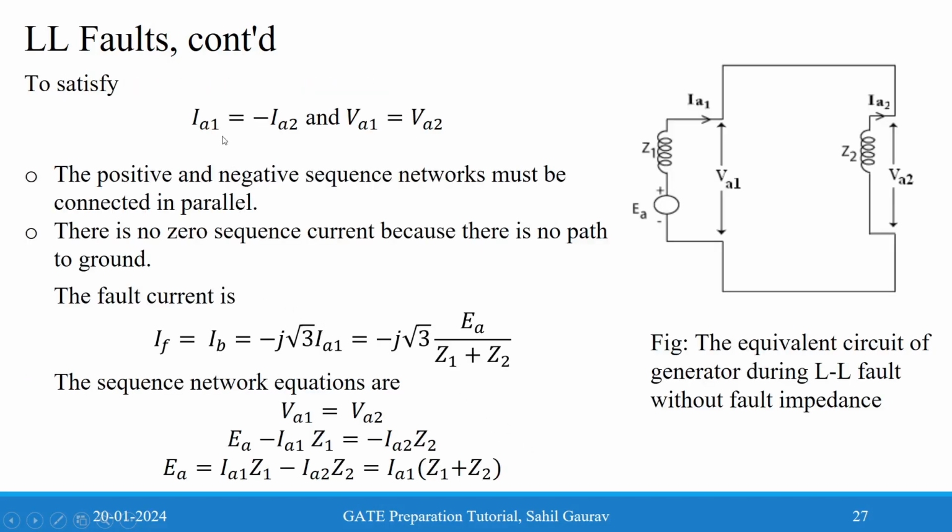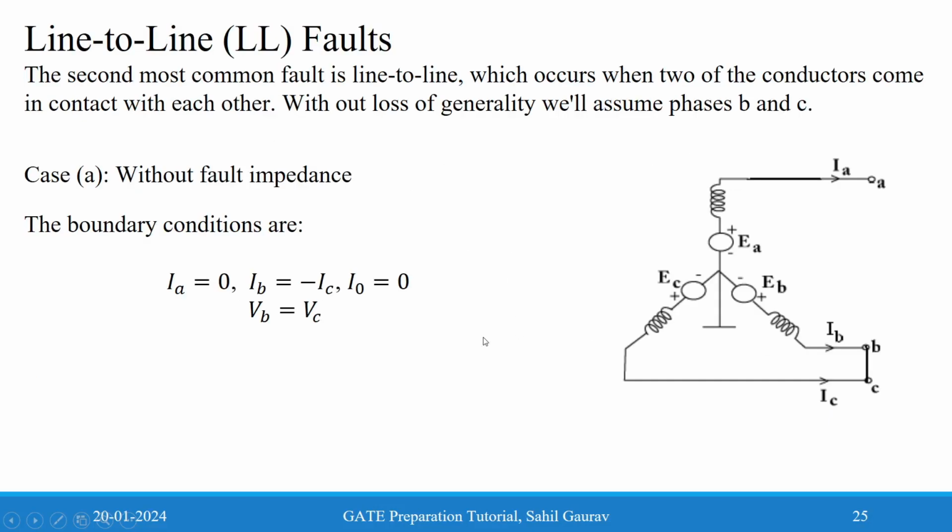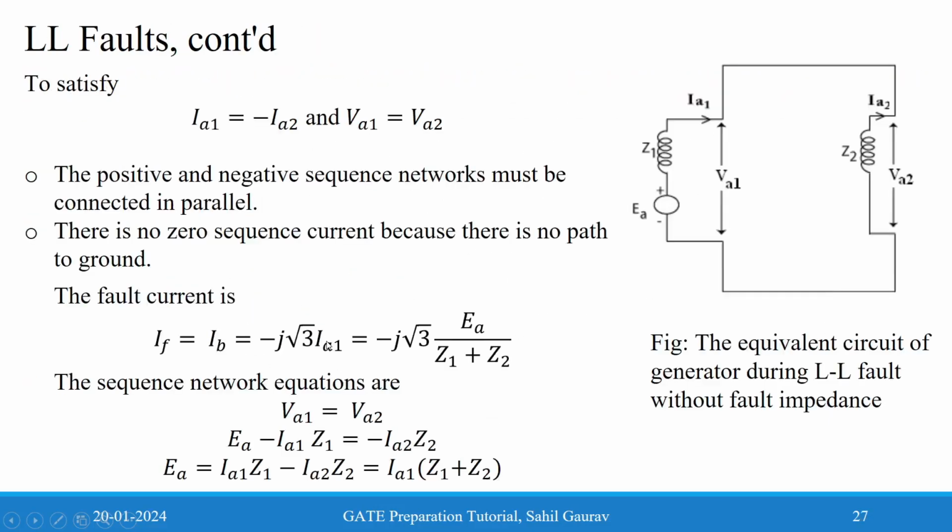So to satisfy IA1 is equal to minus IA2, and this VA1 is equal to VA2, and how is this coming? VB is equal to VC. You solve this equation, then this comes VA1 is equal to VA2.